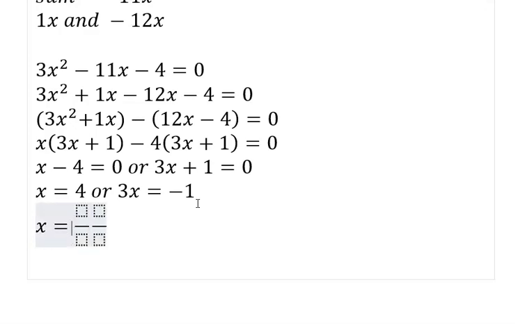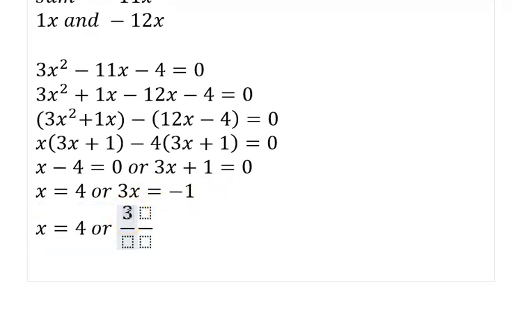Our x still equals 4. Or on this side, we actually want to make x the subject of the formula. So here we have 3x. We are dividing both sides by 3 so that our x can stand alone. Here we have what? Minus 1. And we are dividing by 3.